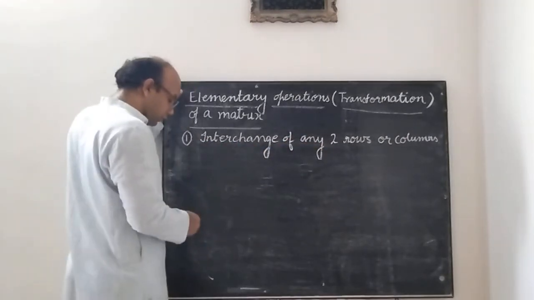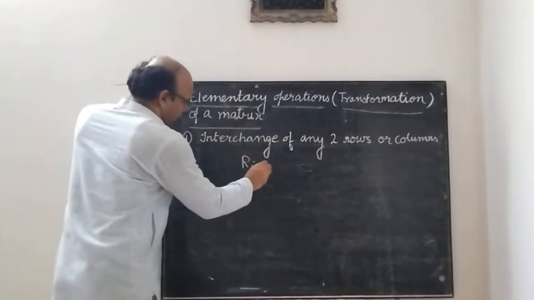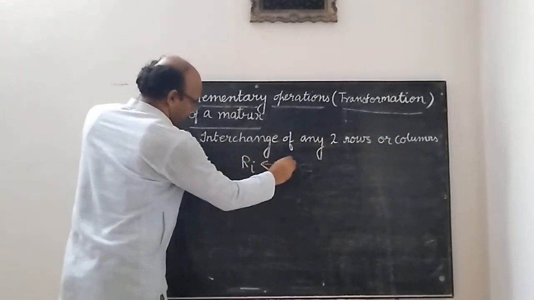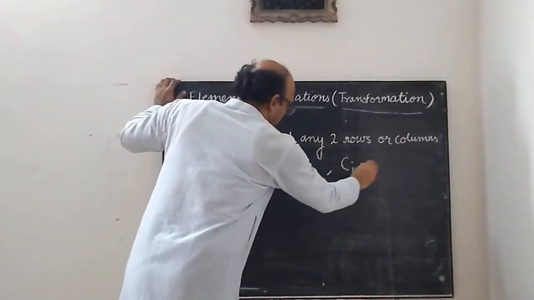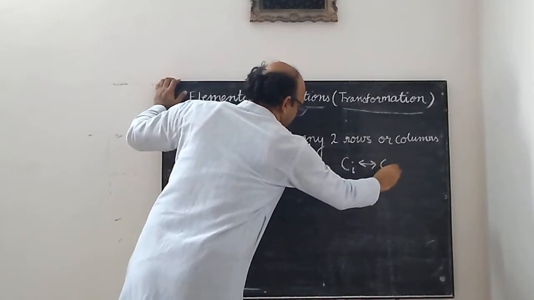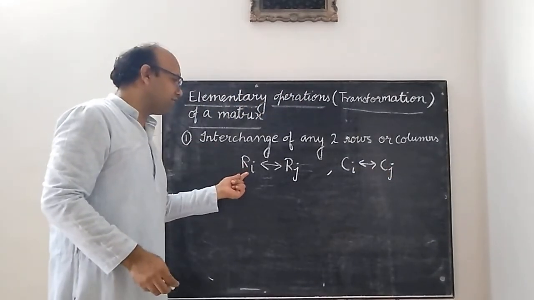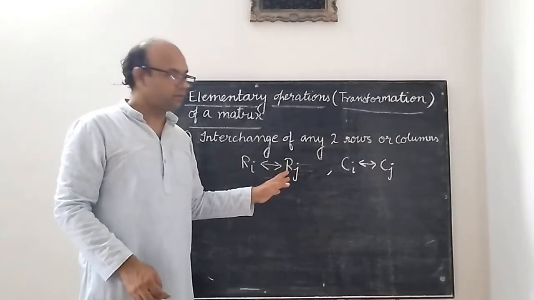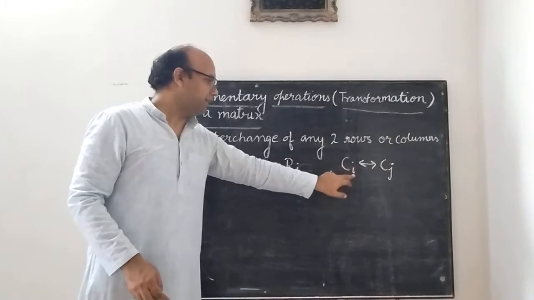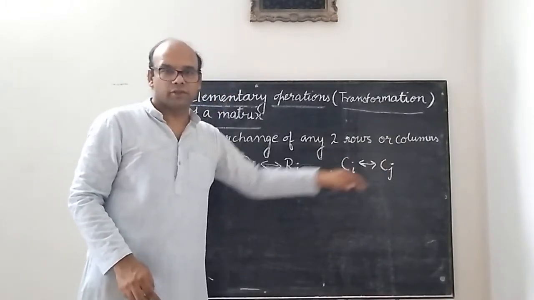And how do we denote this? We write it as Ri interchanged with Rj, and correspondingly for the columns we have Ci and Cj. What this means is that we are interchanging the ith row and the jth row, or the ith column and the jth column.